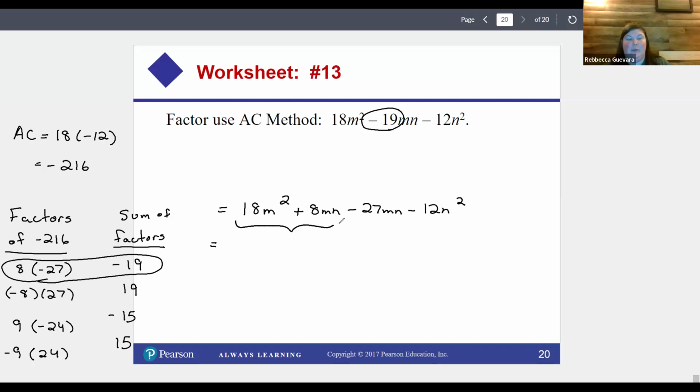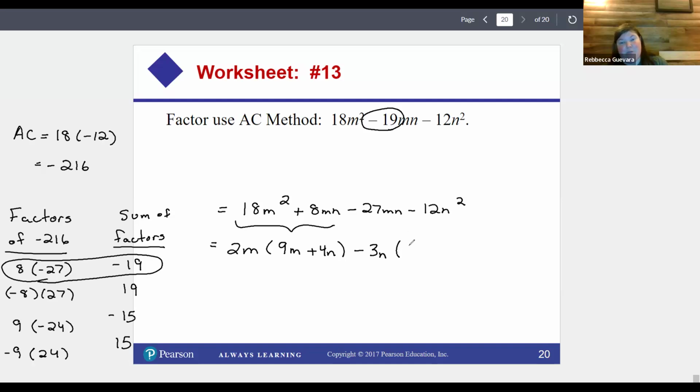So from here, both of those are divisible by 2 and m. Yep, which will leave me with a 9m plus 4n. Here, both of these have a negative, so we can factor out a negative. Both of them are divisible by 3 and n.